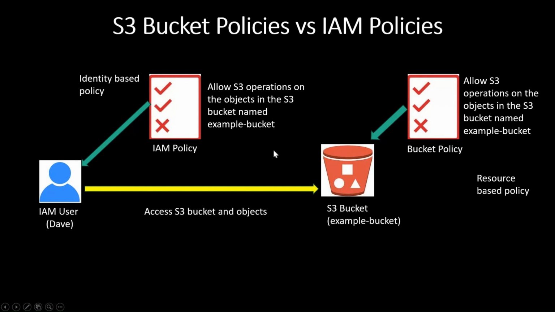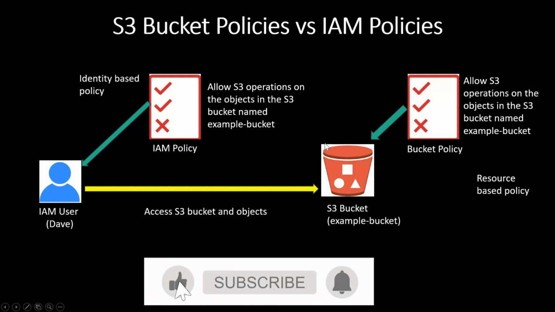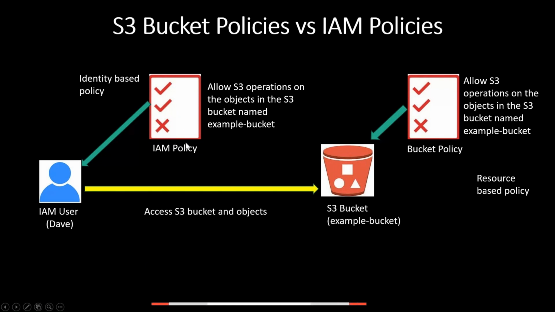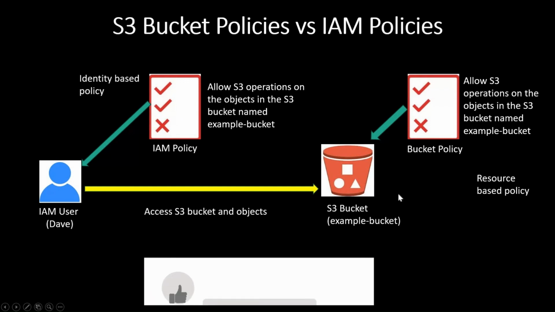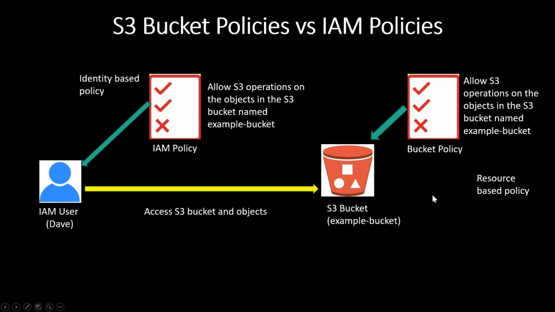So these are the two methods which we can use to allow access to this S3 bucket. Also, we can combine these two policies, IAM policy and bucket policy, for more granular control. We'll see later on how we can do it.